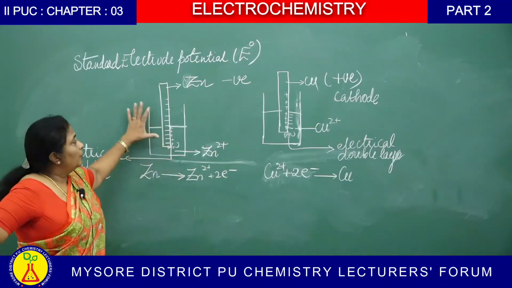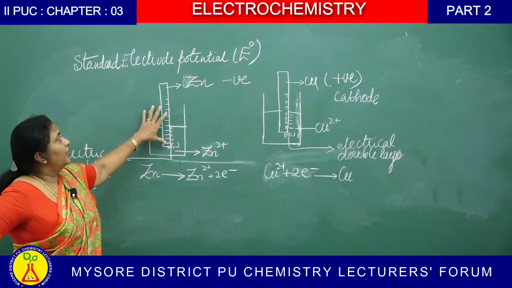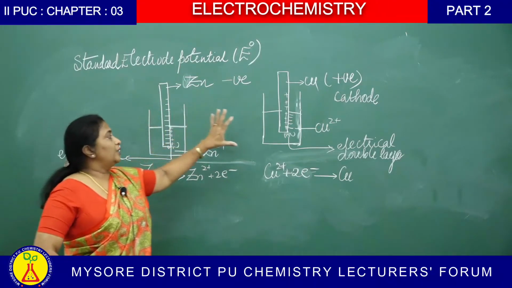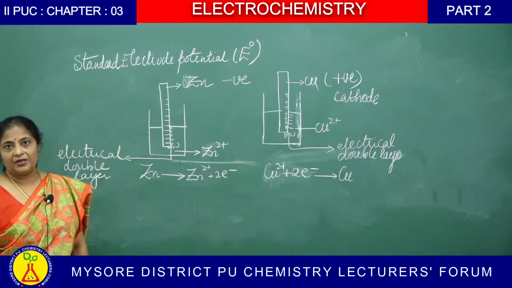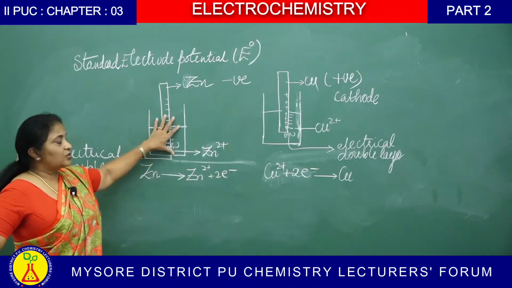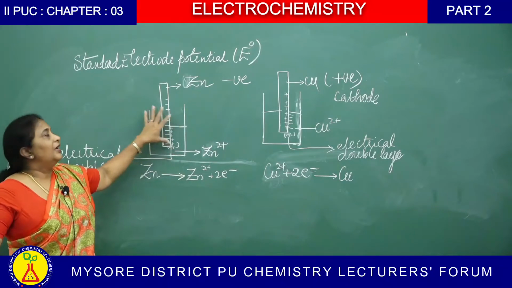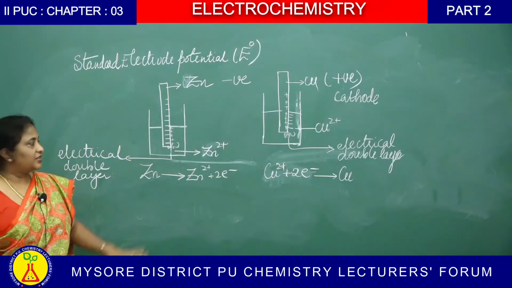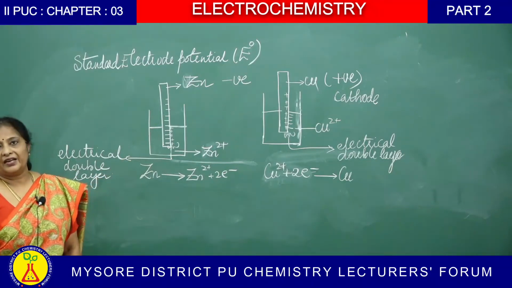If I want to measure just the electrode potential of zinc or only of copper, I cannot just take this single half cell and find the electrode potential, because it is an incomplete arrangement.